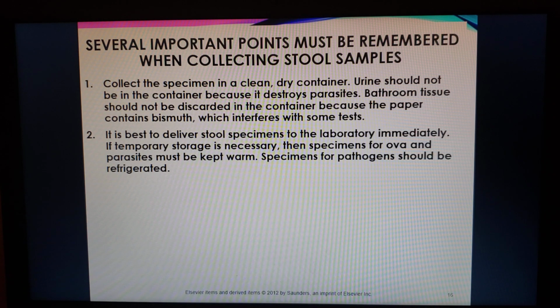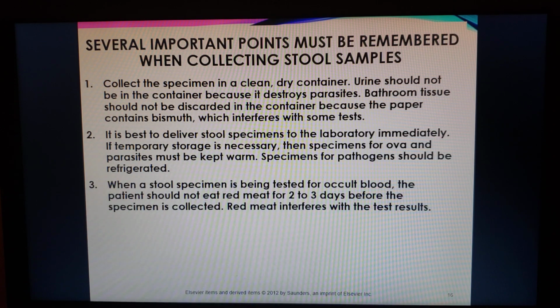So when temporary storage is necessary, you want to understand what your specimen is being collected for. Specimens for ova and parasites, we want to keep warm, and specimens for pathogens, we want to refrigerate. When a stool sample is being tested for occult blood, you want to make sure the patient has not eaten any red meat for 2 to 3 days before the test.